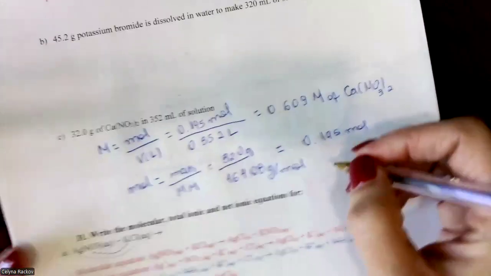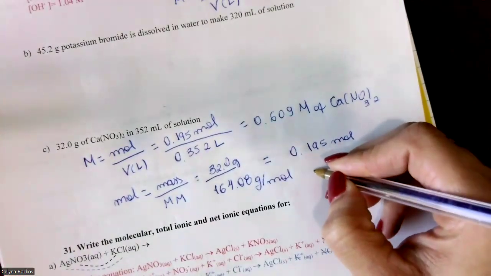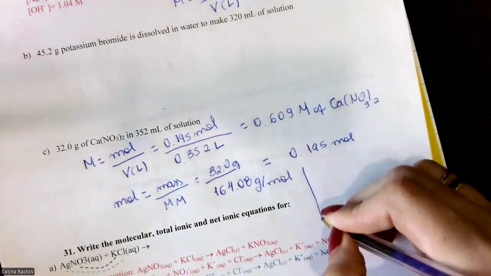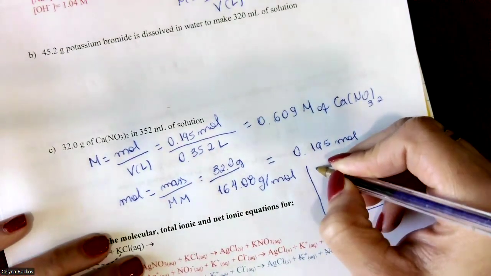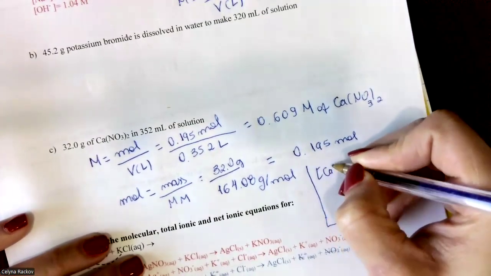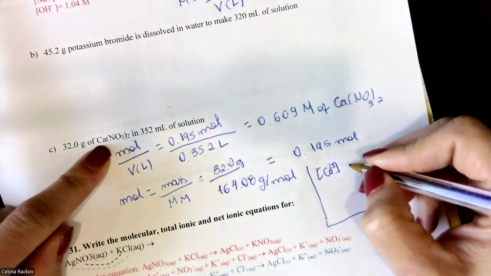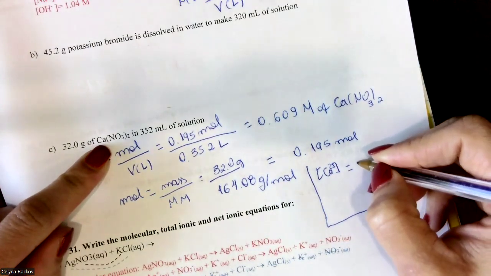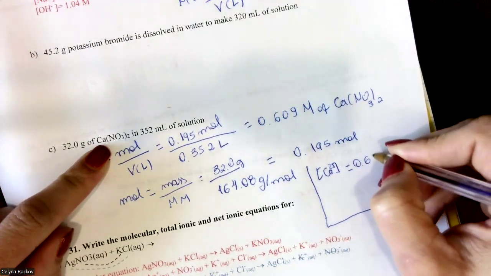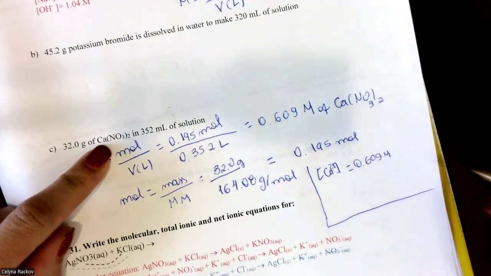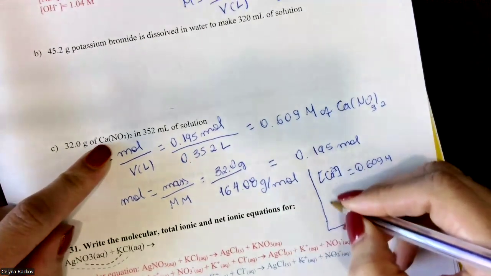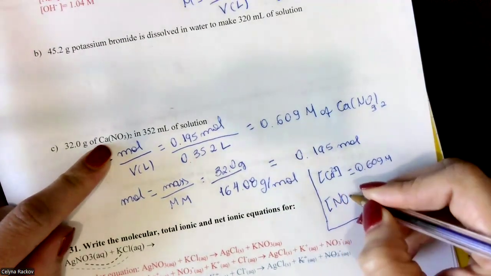So the concentration for calcium, we have only one calcium here, which will be the same, 0.609 molar. And now the concentration for the nitrate.